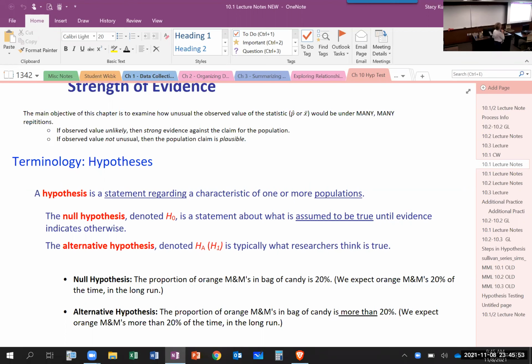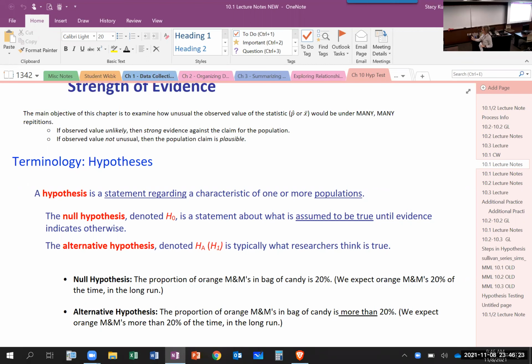In other words, if our observed value, p hat, is unlikely to have occurred, right? If your box of M&Ms, your proportion of orange M&Ms, was unlikely to occur over many repetitions, then what we say is we have strong evidence against the claim that Mars says that 20% of them should be orange.